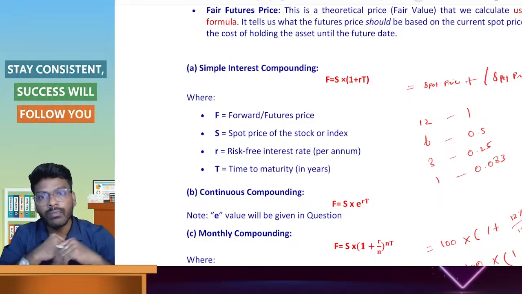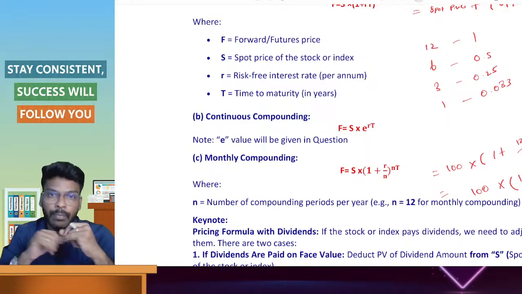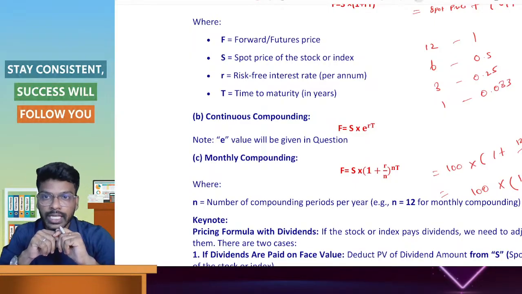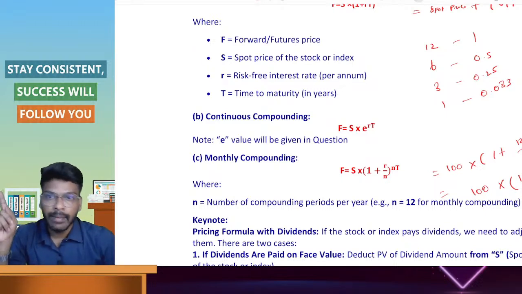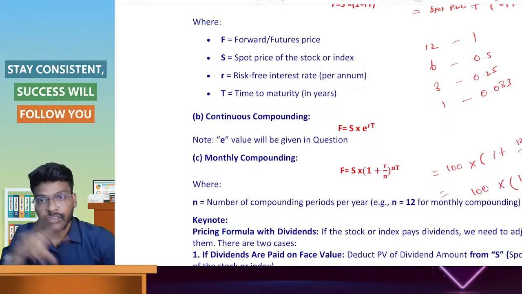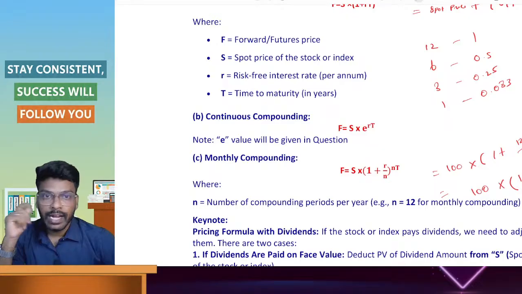Next is continuous compounding. Continuous compounding is applied when the e value is given in the question. The e value can be given in two ways: as a present value factor or a future value factor. If the future value factor, e power RT, is given, we multiply it with the spot price.